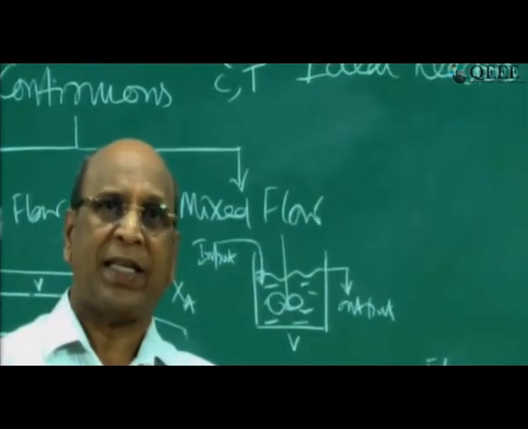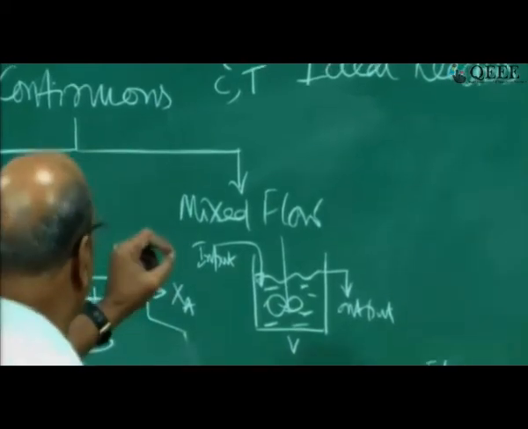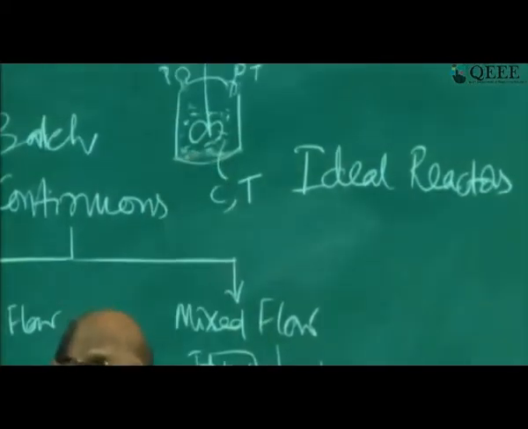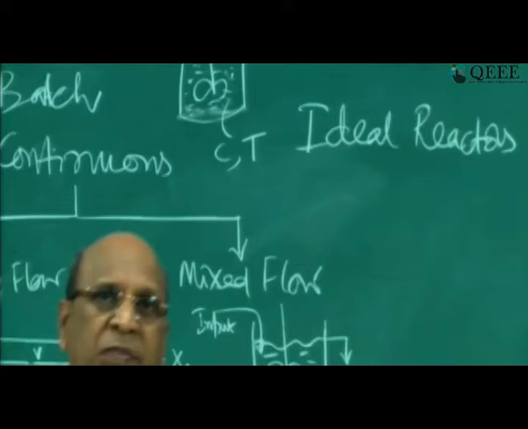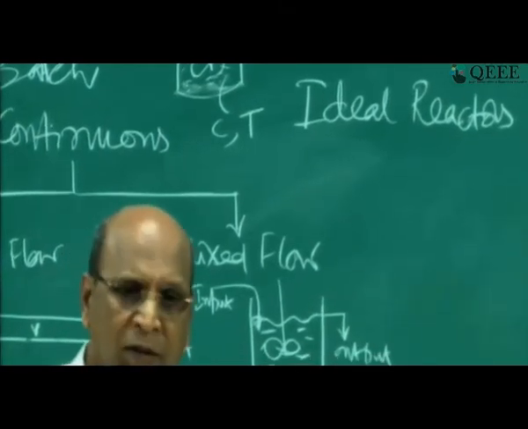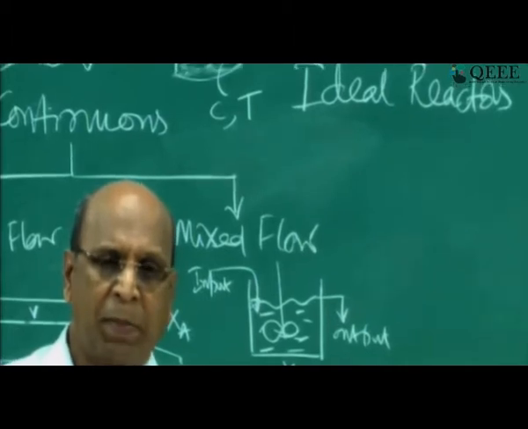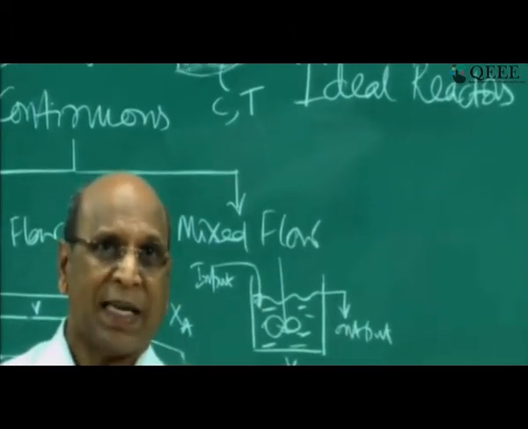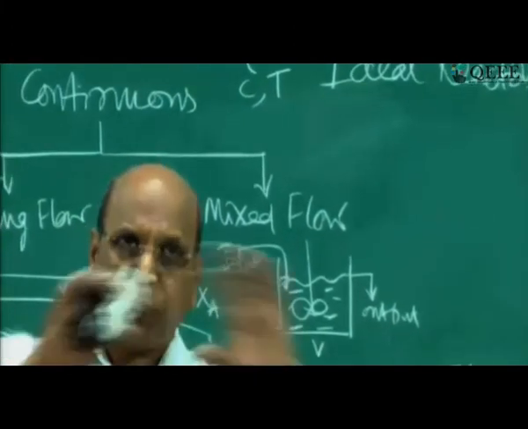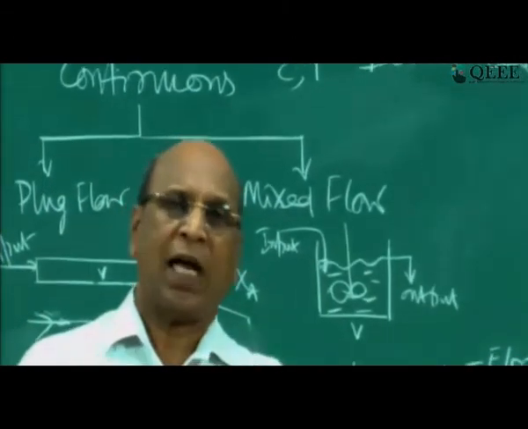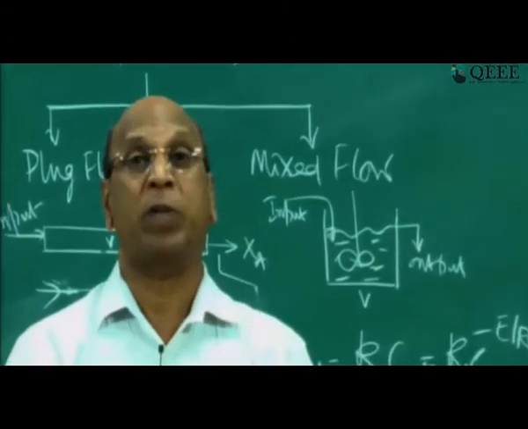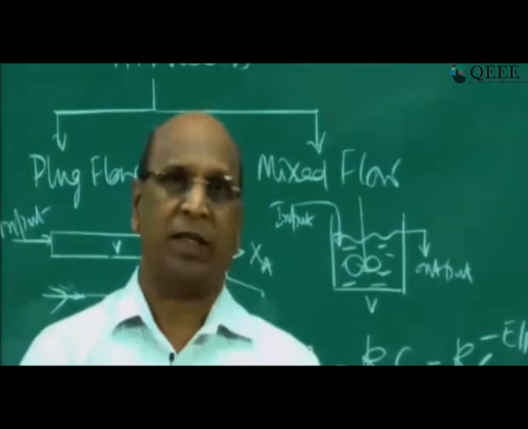The ideal batch reactor consists of uniform concentration and temperature at any instant of time. When I look after starting the reaction, maybe after 30 seconds, at that 30th second, if I freeze, throughout the reactor I have the same uniform concentration and uniform temperature. That is the ideality.